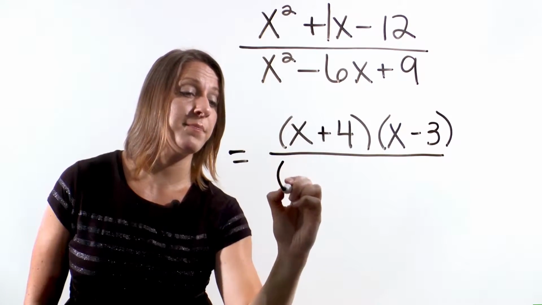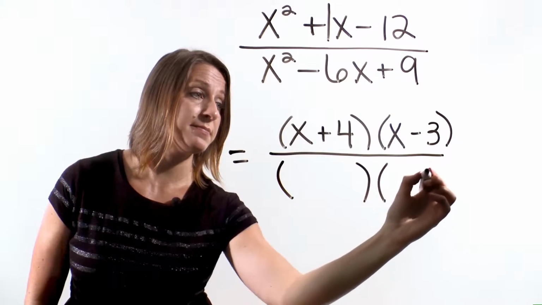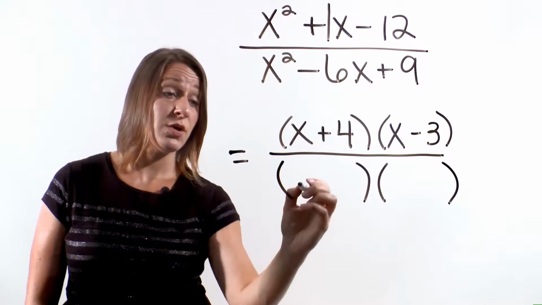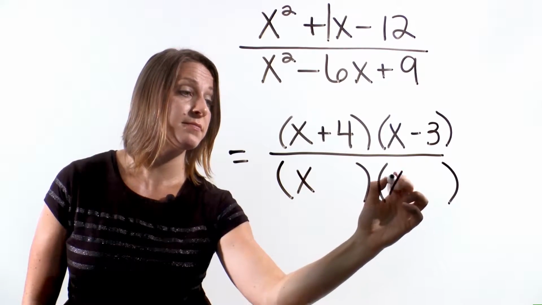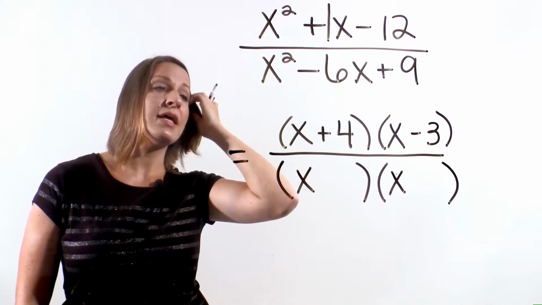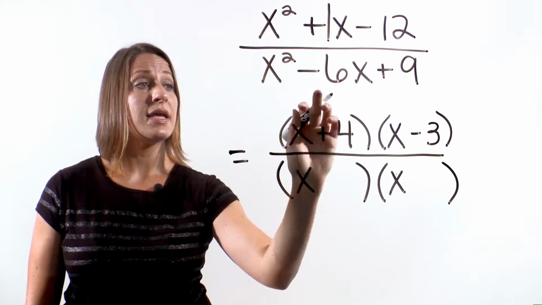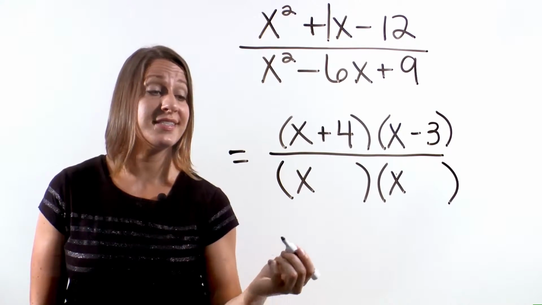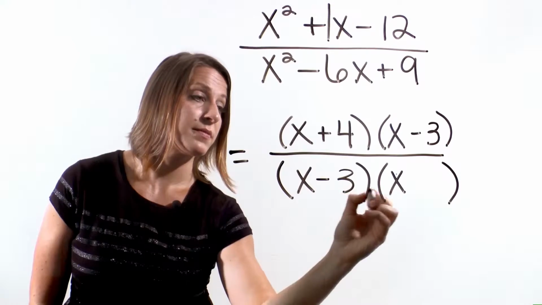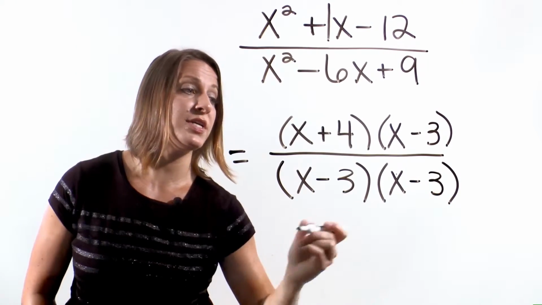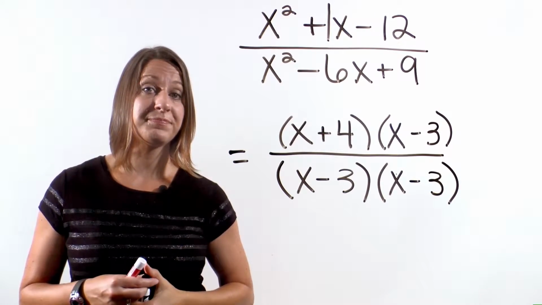Take a look at the bottom. Draw your two parentheses. We'll put our x terms in place. And now we need two numbers that multiply to 9 and add to negative 6, which will be a negative 3 and a negative 3.